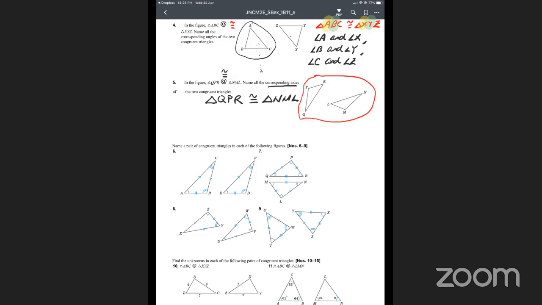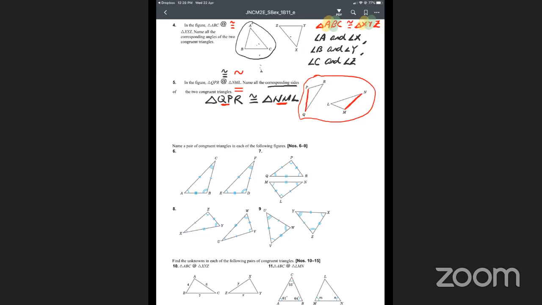Now here, if you look at the first two, QP and then NM. This is QP, right? And then NM. This time you can just look at it by observation. You should be able to see them in the figure.